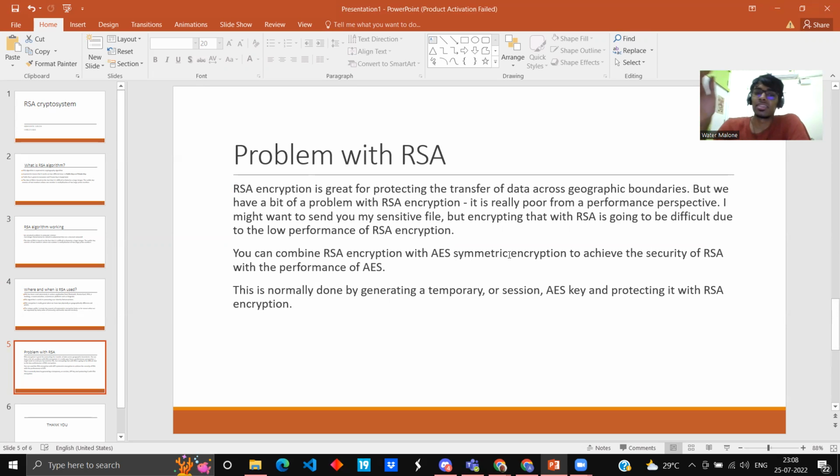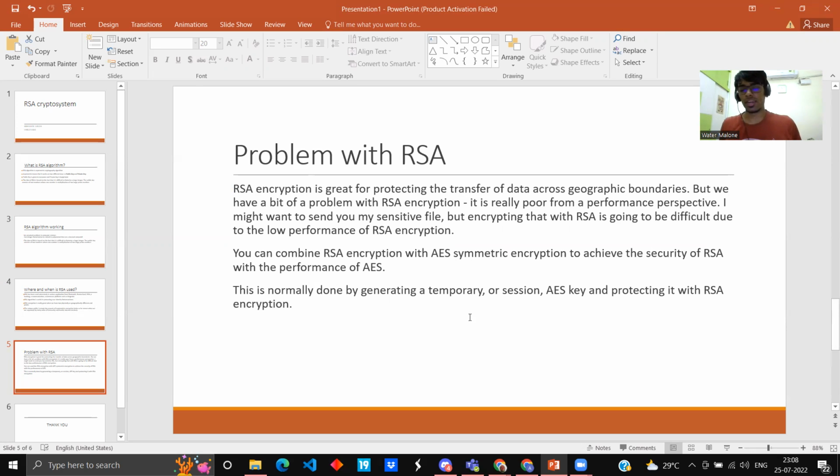Here it says a bit about how this is done, by generating a temporary session AES key. Some of these things may require an understanding of what AES symmetric encryption is.